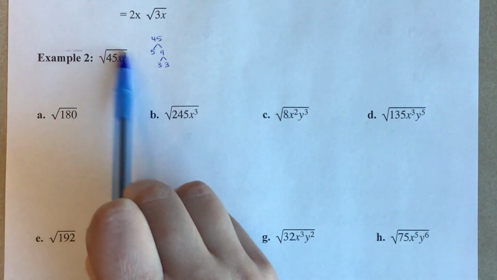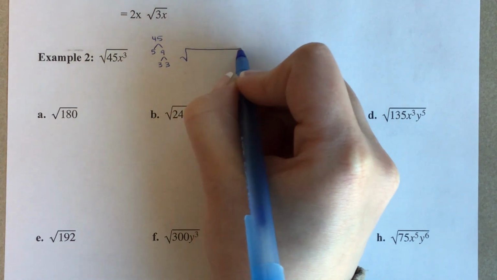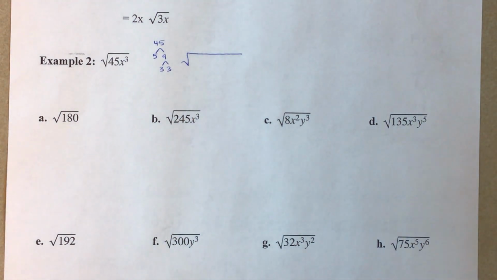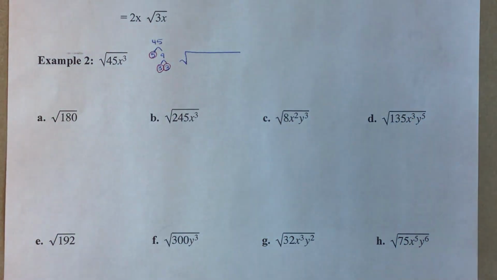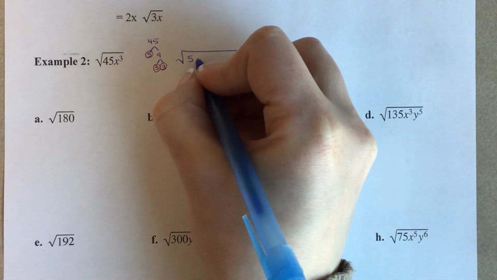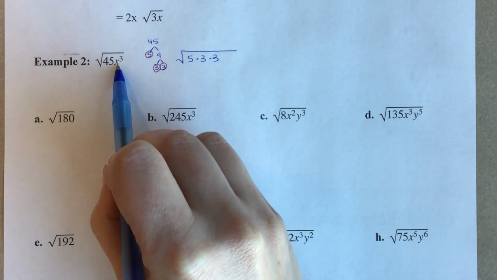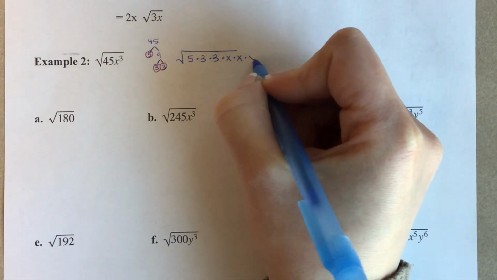So I'm going to rewrite this whole thing underneath the radical, but expanded out with my prime factorization. So I've got 5, 3, and 3, and those are my prime factors. So it's going to be 5 times 3 times 3, and then the x's, I'm going to expand that as well. It's going to be times x times x times x.